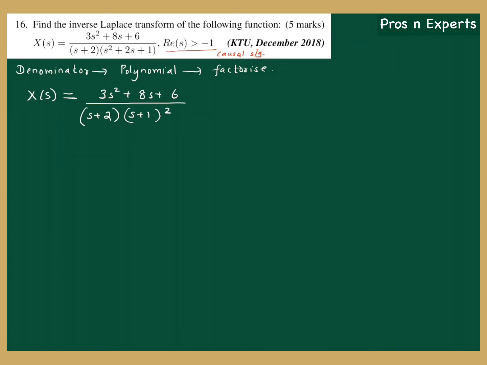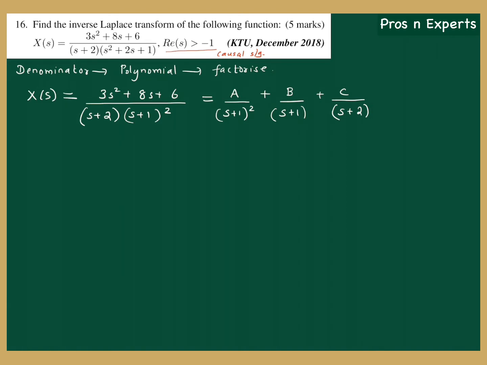It's very simple now. Now make it a partial fraction. Whatever be in the numerator, never mind, you take it as a by s plus 1 the whole square plus b by s plus 1 plus c by s plus 2. Why did I take it like this? Actually there are only two factors in the denominator, but we have taken three different constants because one of the factors has power 2, multiplicity 2.